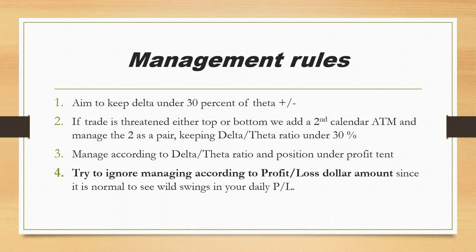Question was, where do you get your volatility measure from? I'm watching the VIX. I've got a graph in Thinkorswim where I'm graphing the VIX 9-day, comparing it to the VIX 30-day, and comparing it to the VIX 3-month and 6-month. I can help you set that up if you don't know how to do that.